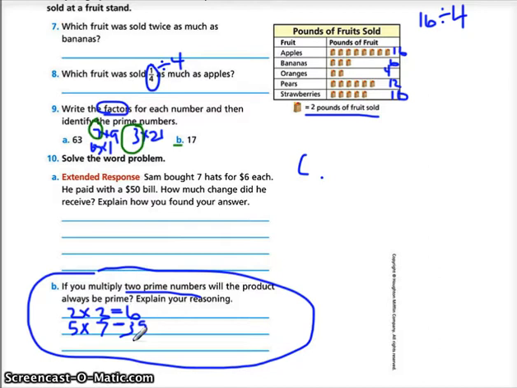No. So the answer would be no, because the prime numbers themselves, 5 and 7, are factors of this product. So our answer is no.